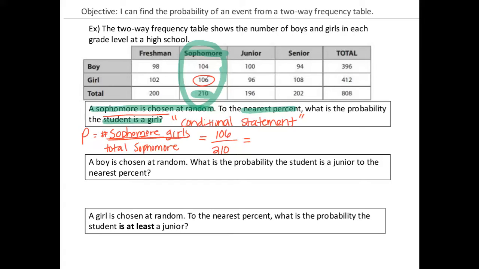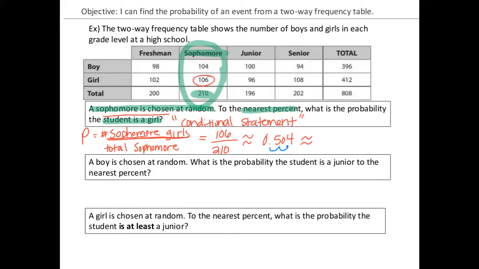Okay, so can you guys do 106 divided by 210 for me? To 3 decimal places. 0.504. Thank you. And so if we move our decimal over 2 times, that's a 0.4, so that's less than 5.